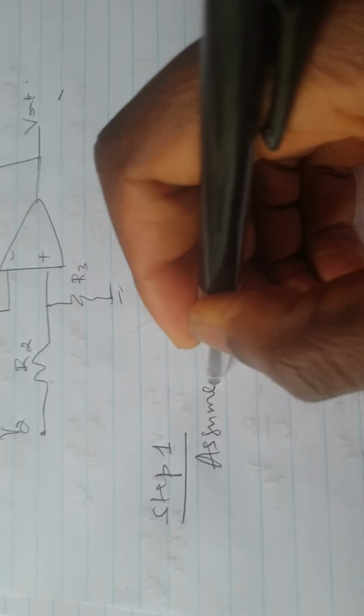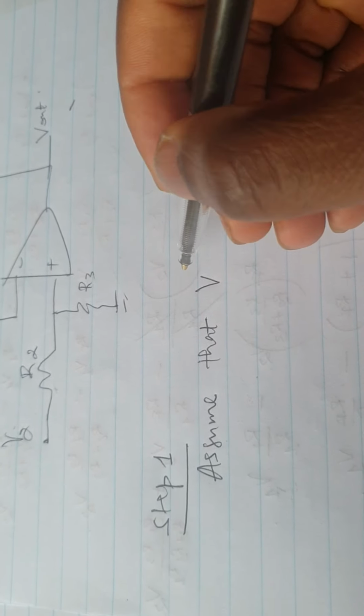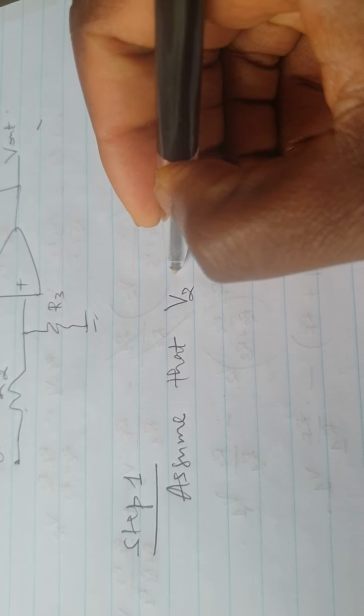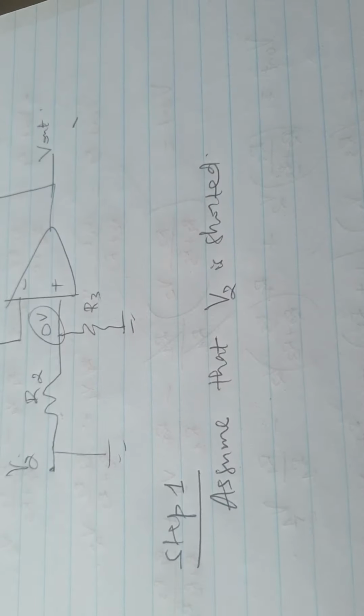In step 1, we will assume that V2 is shorted, meaning there's no V2, and from V2 we're going to ground directly, which means we've got 0 volt here basically.